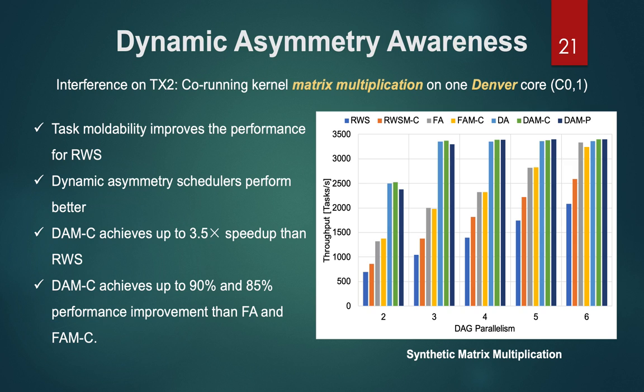For example, the DAMC achieves up to 3.5 times speedup over random walk stealing, and compared to fixed asymmetry plus modability, it achieves up to 90% and 85%. So in order to figure out why dynamic asymmetry achieves better results, we take a further step to analyze the execution places of priority tasks in each case.